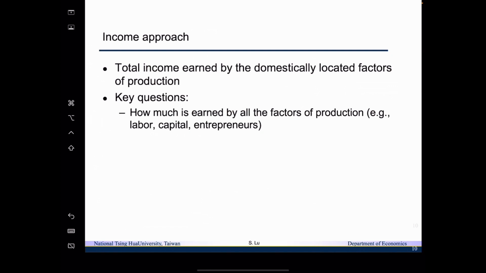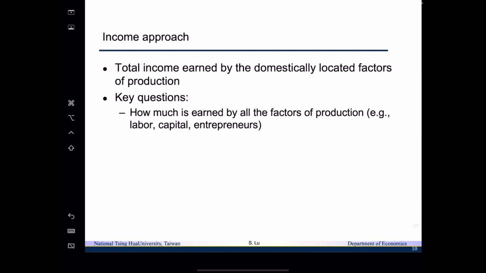Here we need to first know what the factors of production are, and we need to know the income of each type of factor of production. We know the factors of production can be labor, capital, land, and entrepreneurs.